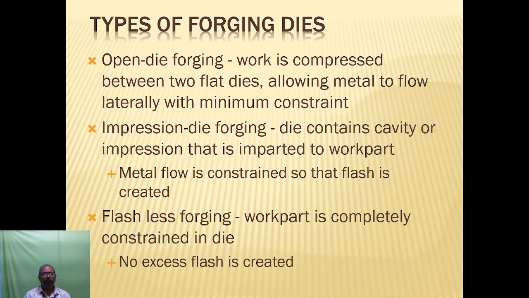In impression die forging, the die contains a cavity or impression that is imparted to the work part. So metal flow is constrained and flash is created. In flashless forging, the work part is completely constrained in the die. No excess flash is created.